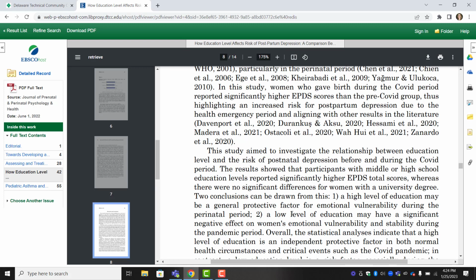So what they found is between pre-COVID and mid-COVID, women with lower education levels, so only getting a middle school or high school, had more of a risk for postpartum depression, and those with a high level of education, there was no difference. Okay, if you have any questions, just let me know.